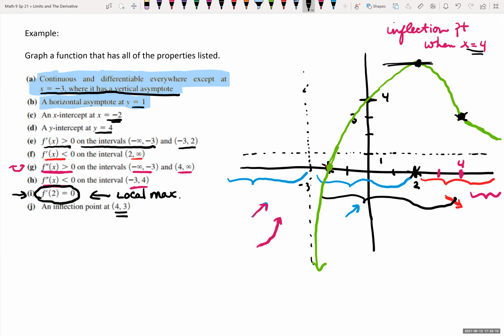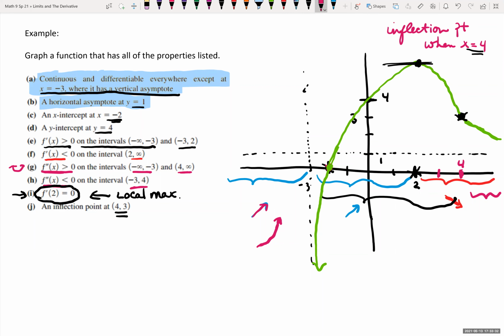And then the other piece that we don't have yet is the left-hand side of that vertical asymptote. We know that it's increasing and it's concave up. Notice that it didn't tell me I have an x-intercept on the left of -3, so I'm going to keep this above the x-axis.